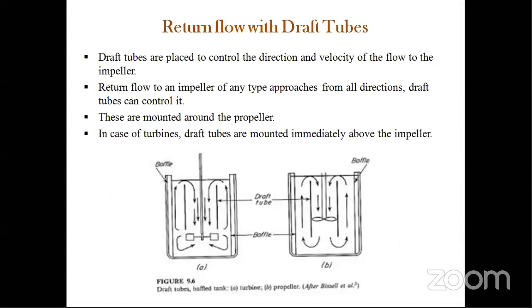Now coming to another piece of equipment which is used in this mixing process. It is called the draft tube. So what is the working principle of the draft tube? If you are going to mix two components or several components, if your tank is baffled, or if your shaft is centrally placed, and you are doing some emulsion or suspension preparation.